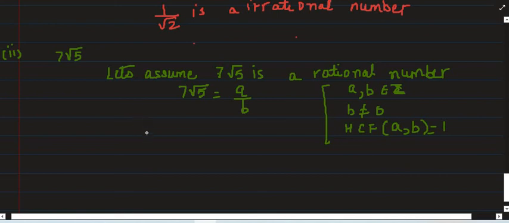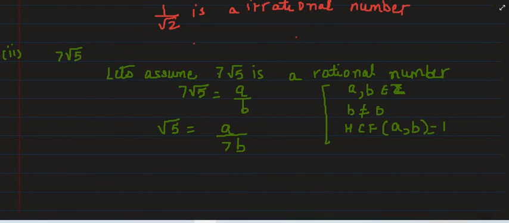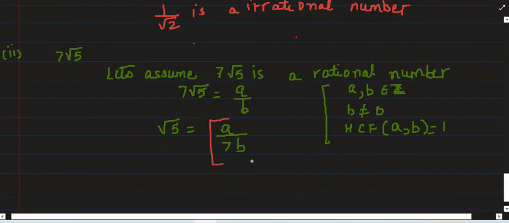So we can say that square root of 5 is equal to, now transposing 7 to the other side, a by 7 times b.